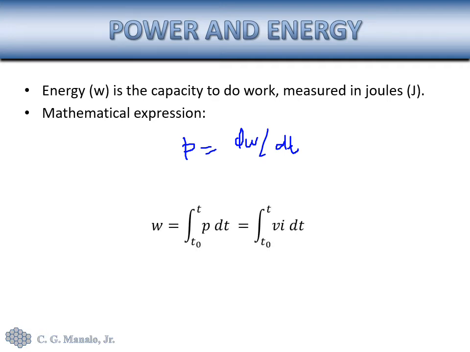So to get W, for example, we need to integrate from one point in time to another point in time to get the total energy given the power. Now, since power is, as defined previously, the product of the voltage across an element and the current through the element, we may write energy as this one.